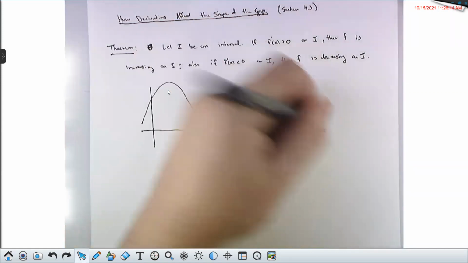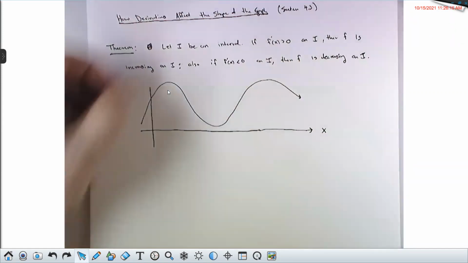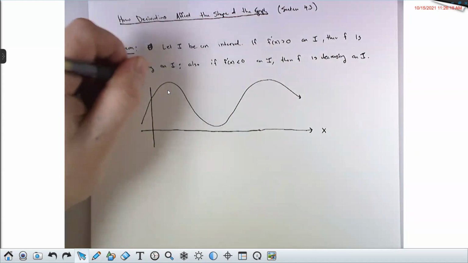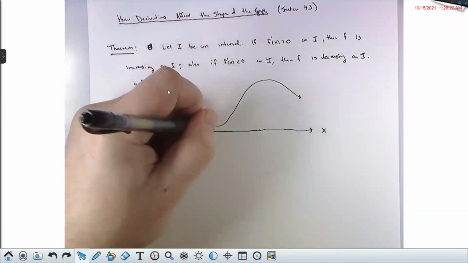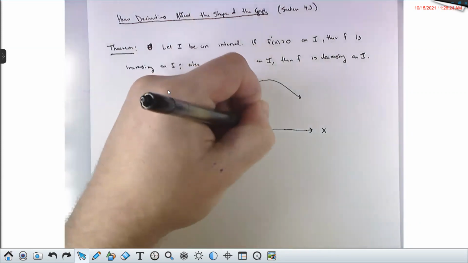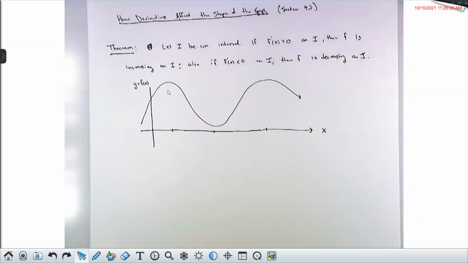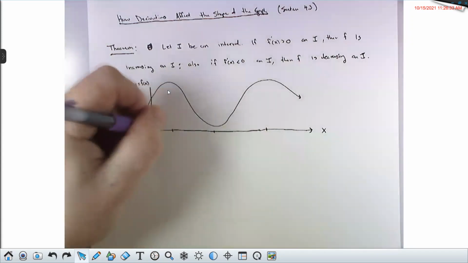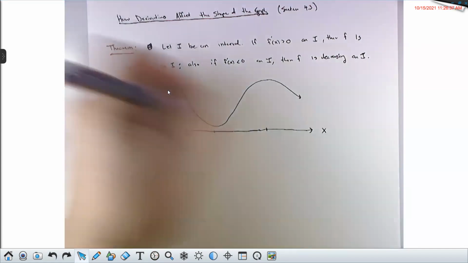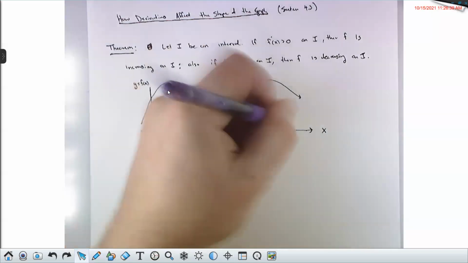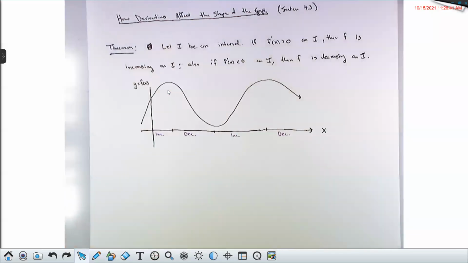So here's my x-axis. This is the graph y equals f of x. And I'm just going to chop this up according to where the function is increasing and decreasing. And if we look at tangent lines, we're increasing here, we are decreasing here, increasing here, and decreasing here.